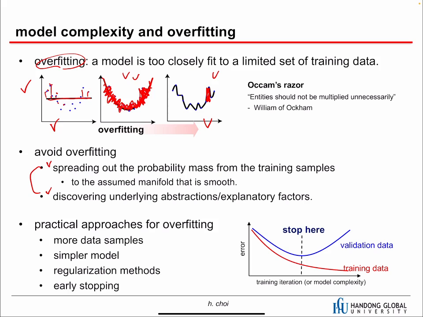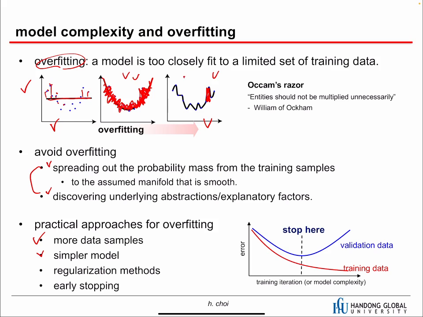Okay. So to avoid this overfitting, there are a couple of practical approaches. First one, as I said, we need more data samples. Then we can actually reduce the effect of the noise. And the second one is that we can use simpler models.